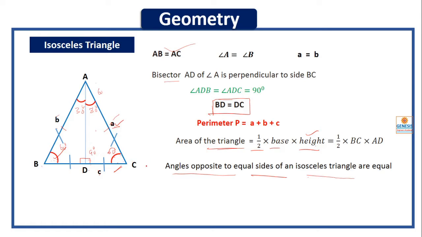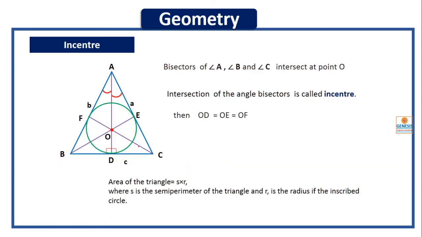Next one is incentre. This is a very important one for engineers also. It is very useful. The first thing you have to remember is that the incentre is formed by the intersection of the bisectors of the interior angles.